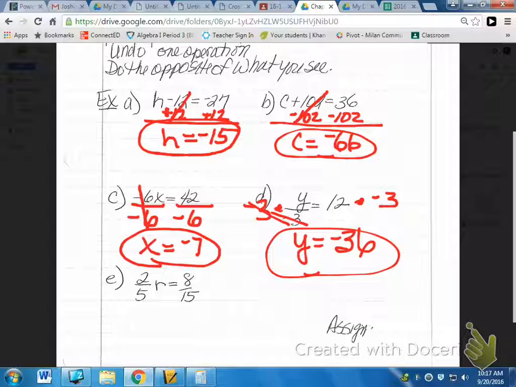It's really times, so you really need to divide. We don't divide fractions, so when there is a fraction with your variable, you multiply by the reciprocal. And what is that reciprocal? 5/2. So both sides you multiply by 5/2. What happens on the left? These cancel out and you're left with R.